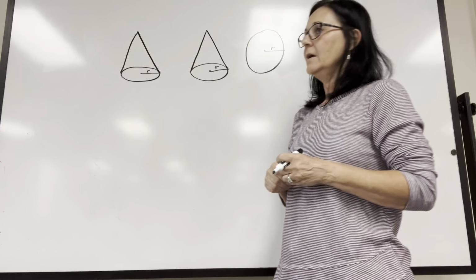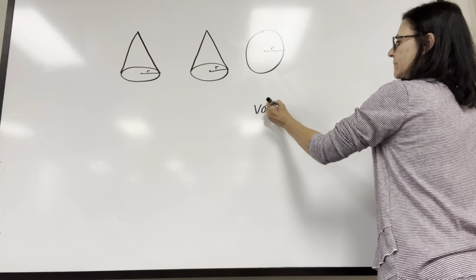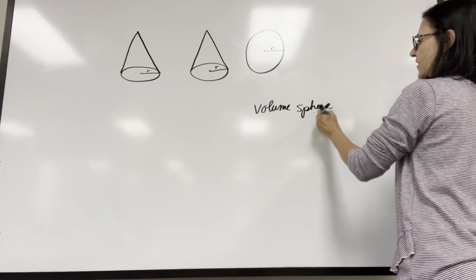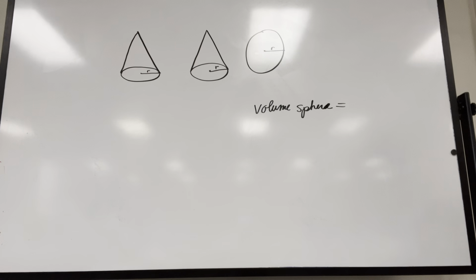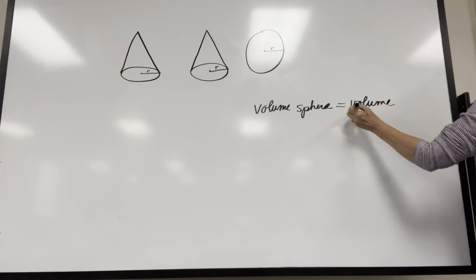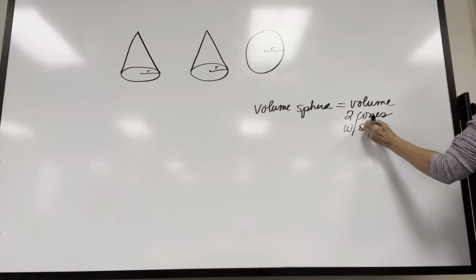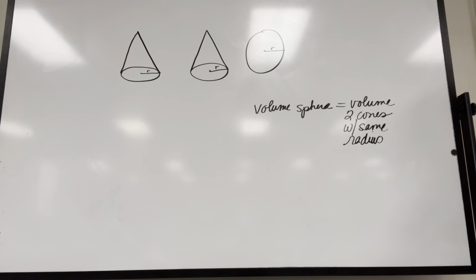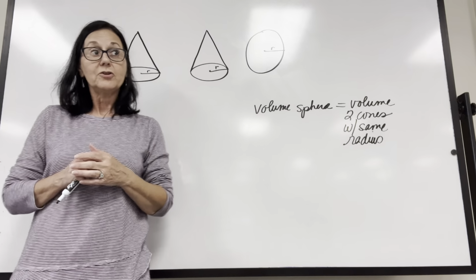So, the volume of a sphere equals the volume of two cones with the same radius.